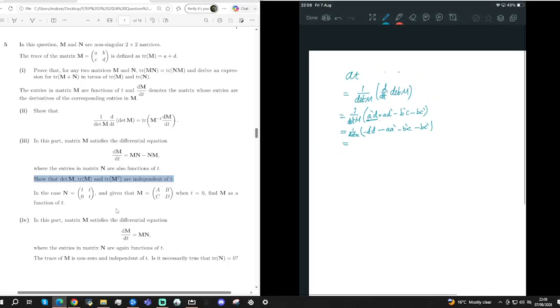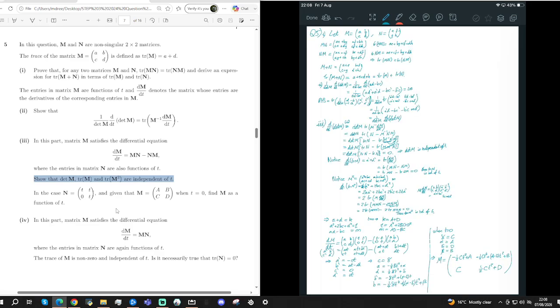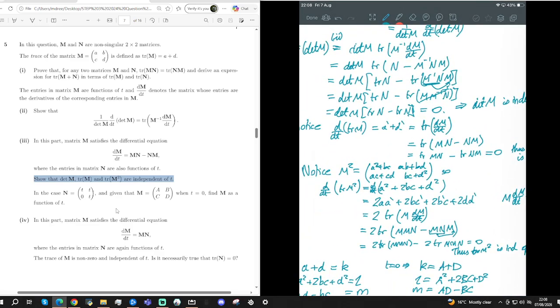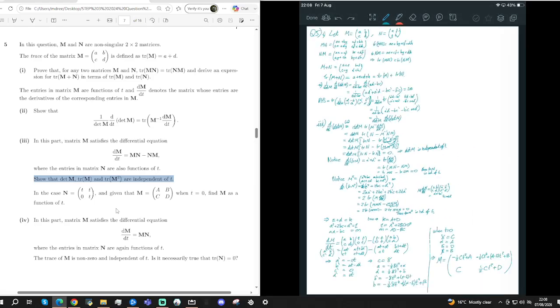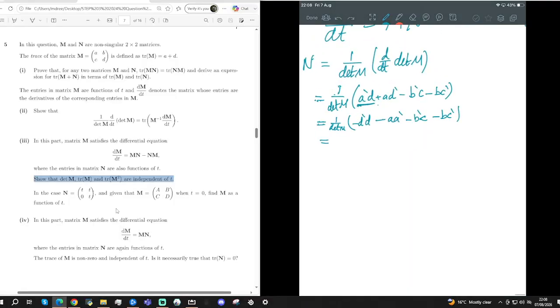But that expression there was exactly, well, it's going to be negative a half of the derivative of the trace of m squared, equals negative a half, d by dt of the trace of m squared.